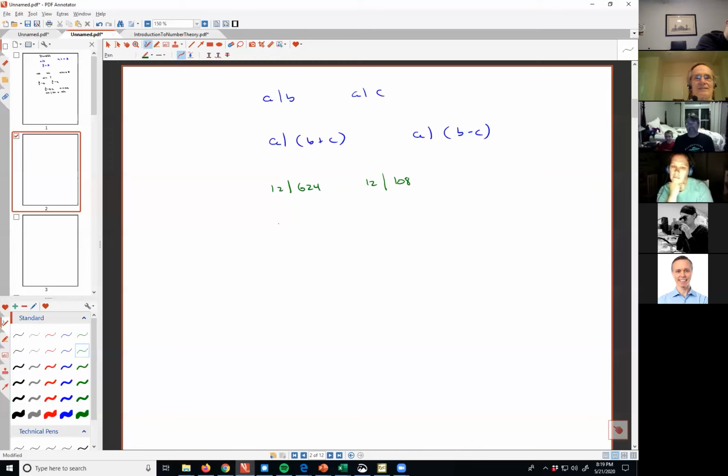And then if we take a look at 624 plus 108, that's equal to 12 times 52 plus 12 times 9, and that's equal to 12 times (52 plus 9). And we can generalize that, plug the variables back in, and make this d times (q1 plus q2) or something like that. And again, 624 minus 108 is going to be a multiple of 12. And we can do something similar there.